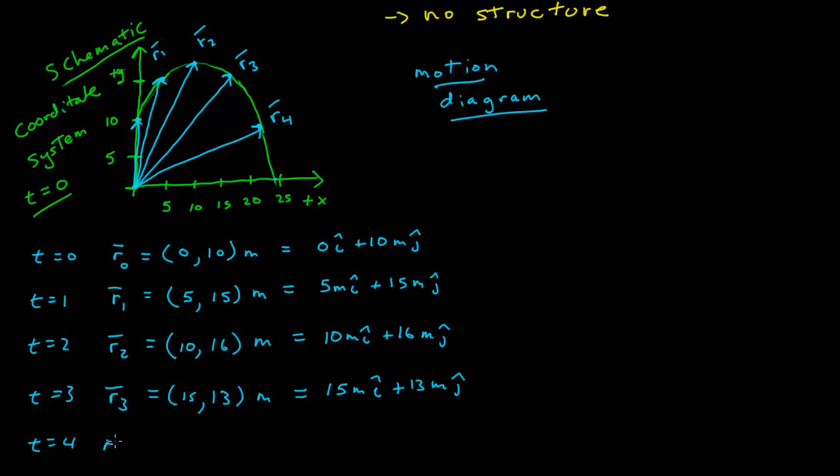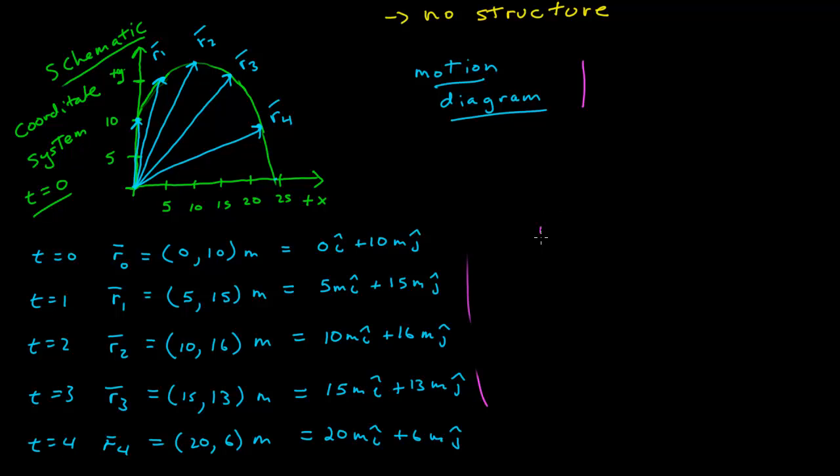And at t is equal to 4, R4 is equal to 20 and 6 meters as it starts falling, or 20 meters i hat plus 6 meters j hat. So the important thing here is that once I have my schematic and my model, I can create a motion diagram of this particle moving through space at equal intervals of time. Once I do that, I can represent those particles in space once I have a coordinate system with my vectors.